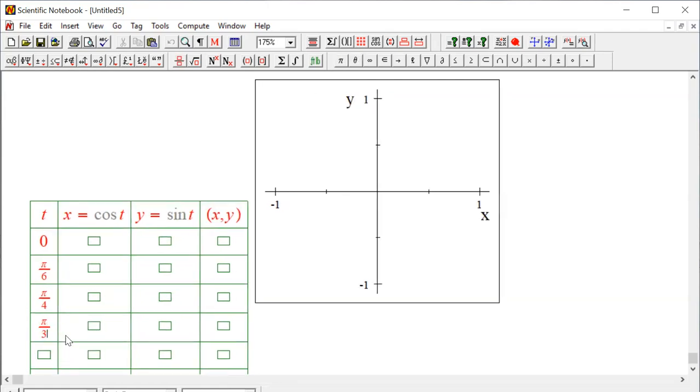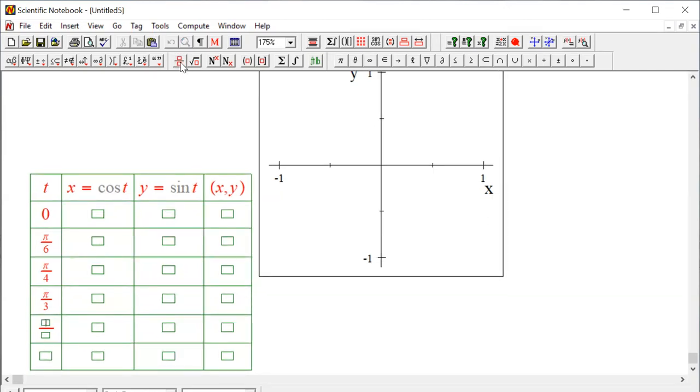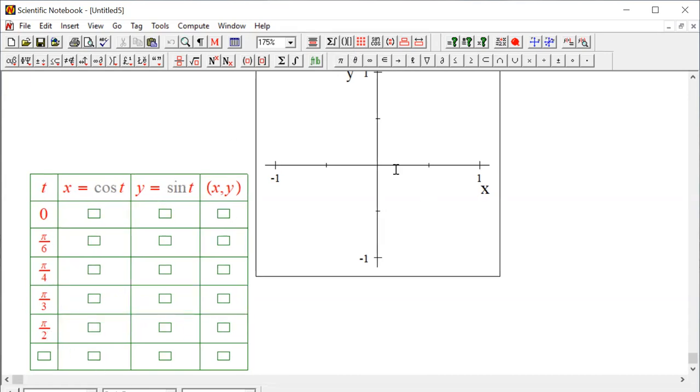We're doing the counterclockwise. You can certainly do the clockwise, right? And pi over 2. Okay, so we're going to do these 4 times, right?